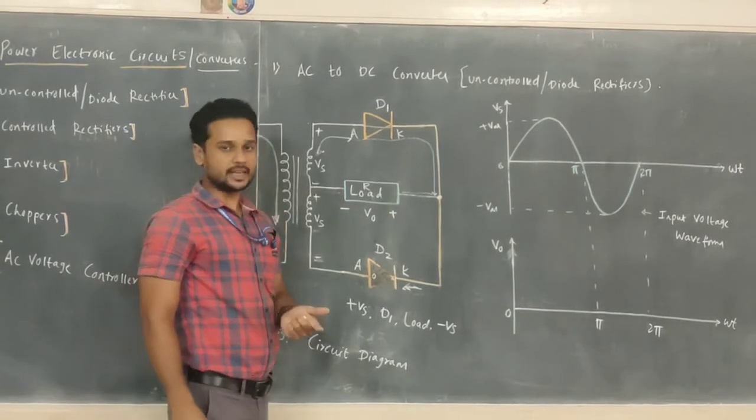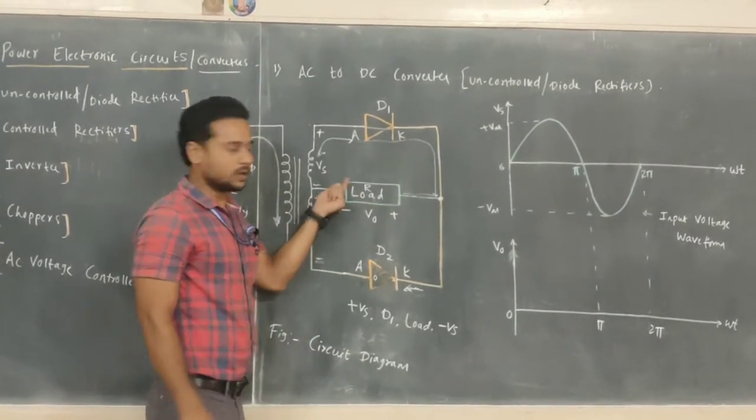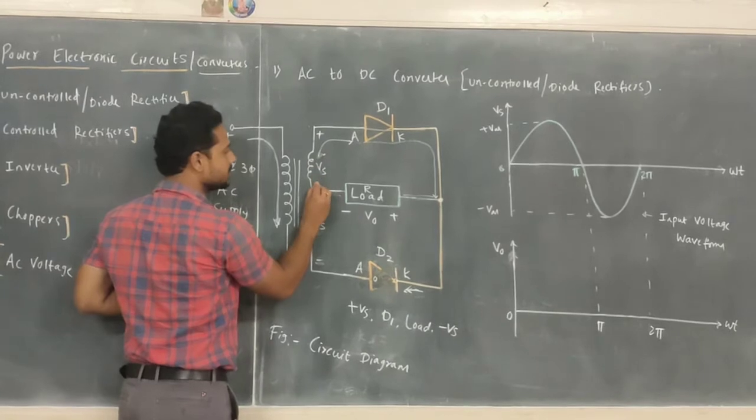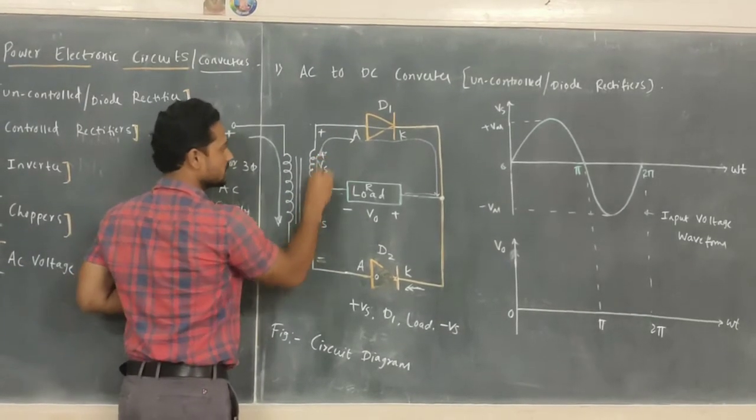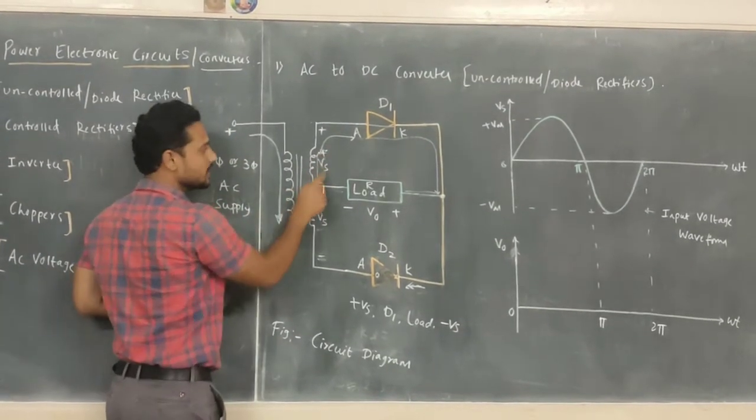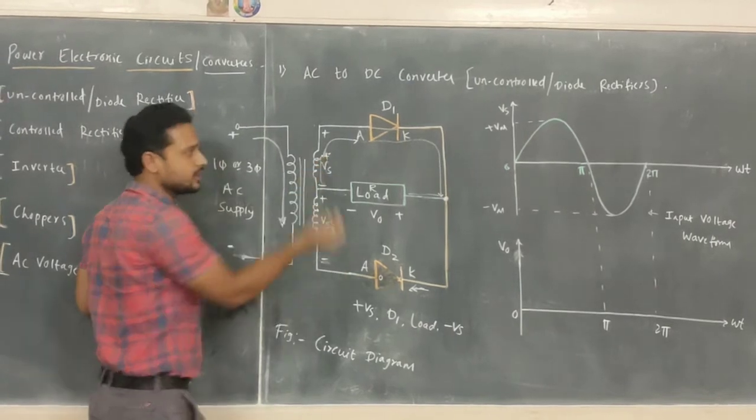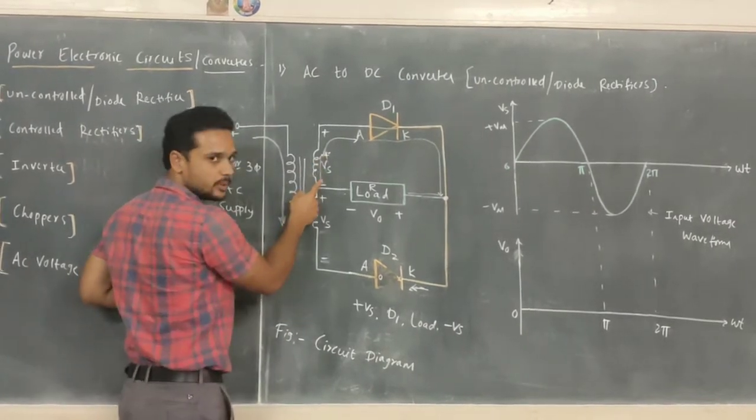Now simply apply KVL in this particular loop. Current is moving in this direction here, so this is positive, negative we have. So we have plus Vs, as you are in the positive half cycle, input voltage will be positive.